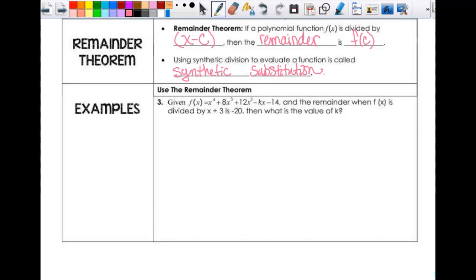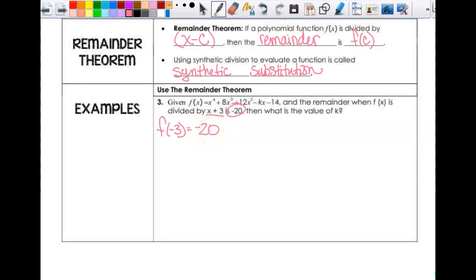Okay, so when I use the remainder theorem, I want the value of k. It says the remainder when f of x is divided by x plus 3 is negative 20, okay? So what that tells me is that since this is x plus 3, f of negative 3 equals negative 20.